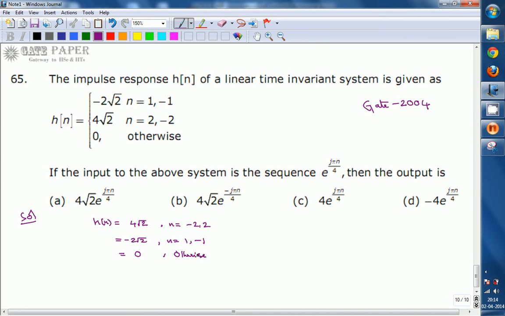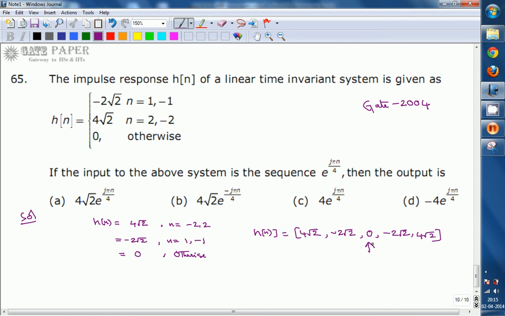Then we have values only at these positions. So we can write h of n as 4 root 2 at the minus 2 position, minus 2 root 2 at the minus 1 position, 0 at the 0th position, minus 2 root 2 at 1, and 4 root 2 at 2.